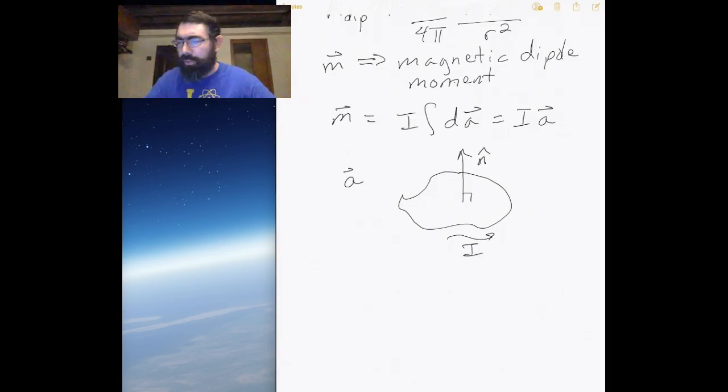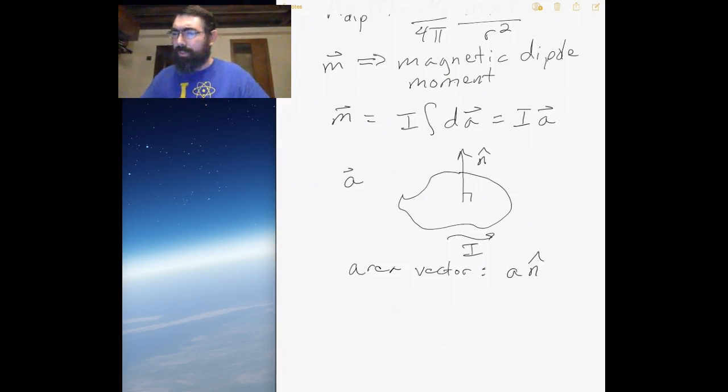So you could think of writing this area vector as the magnitude of the area A times the direction of the area, which is basically the normal to the plane that is the area, or the normal of the area if you have something like a sphere. It's just that normal, that radial vector pointing perpendicular to the surface of the sphere.